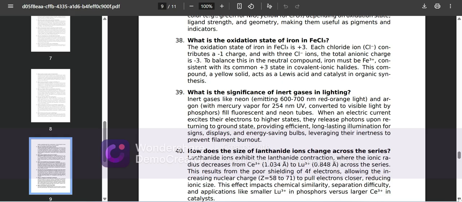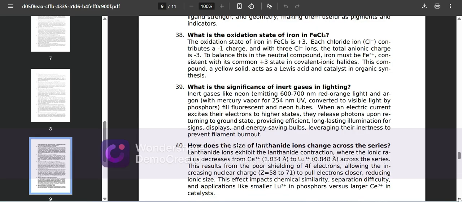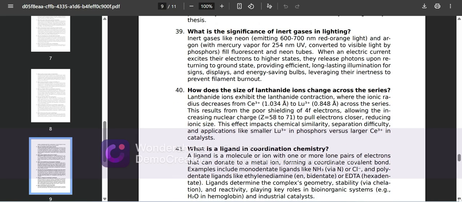To balance this in the neutral compound, iron must be Fe3 plus, consistent with its common plus 3 state in covalent-ionic halides. This compound, a yellow solid, acts as a Lewis acid and catalyzes reactions in organic synthesis.